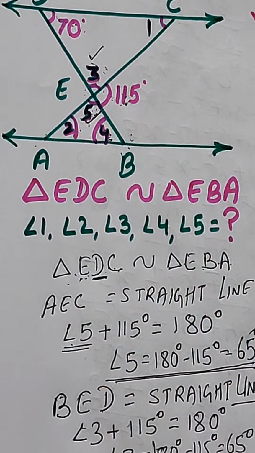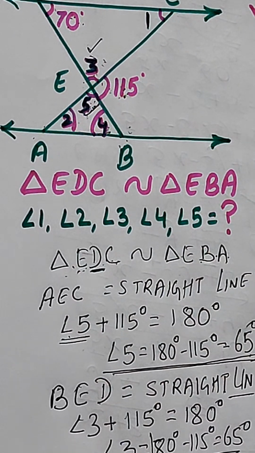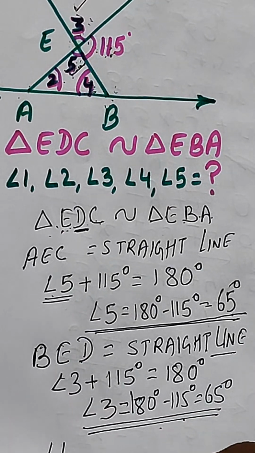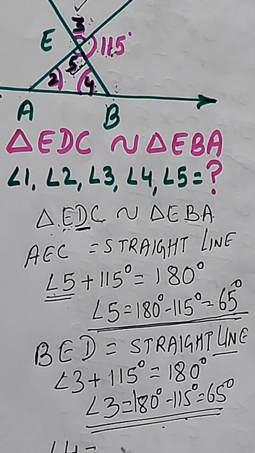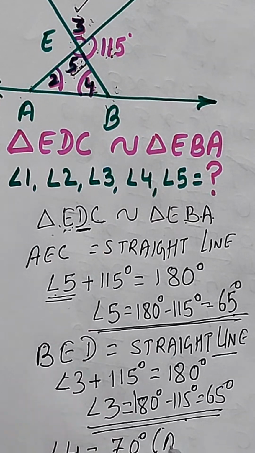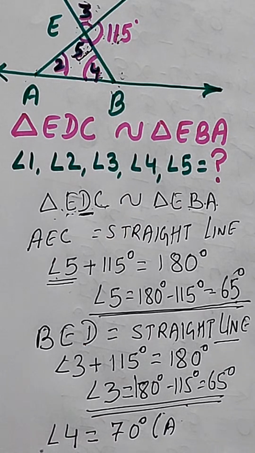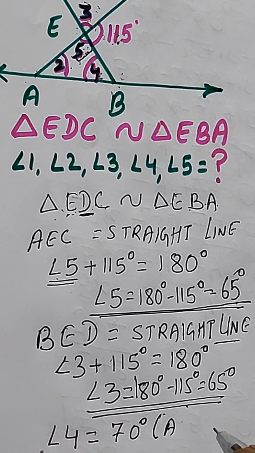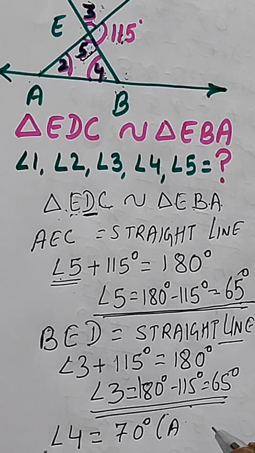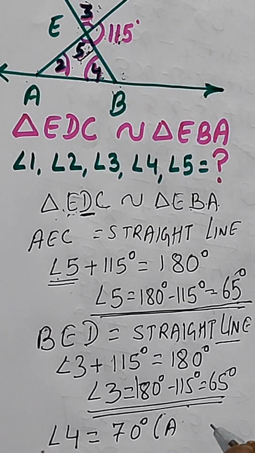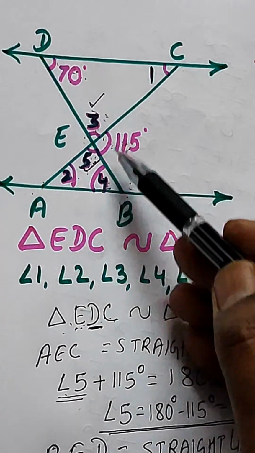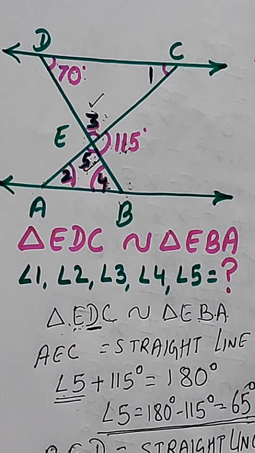So here we will write angle 4 will be equal to 70 degrees, being an alternate angle.